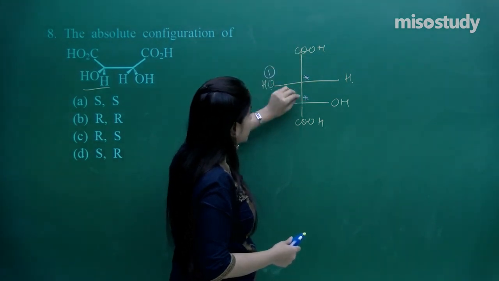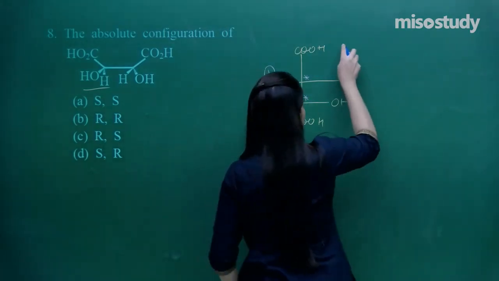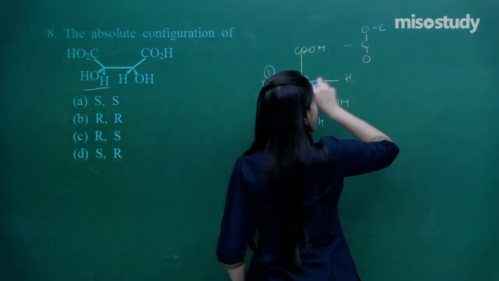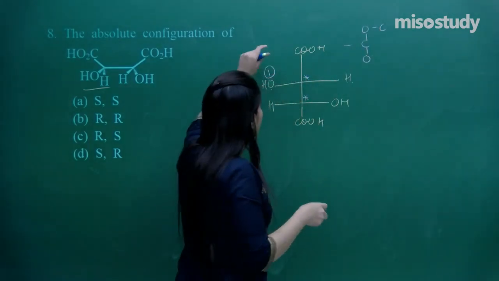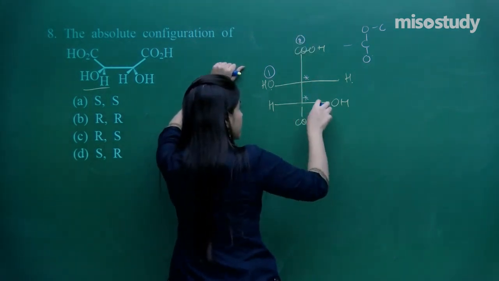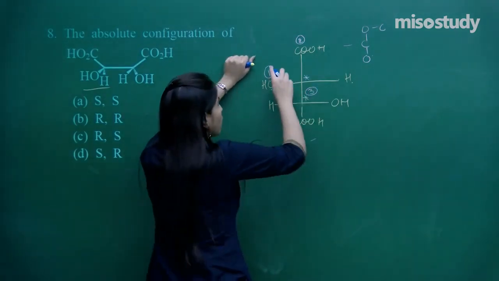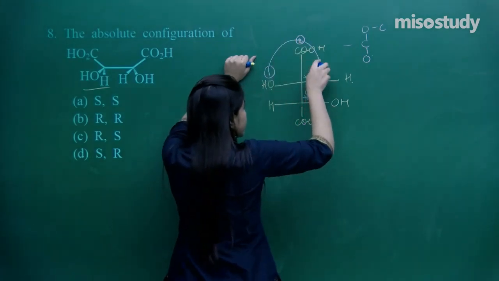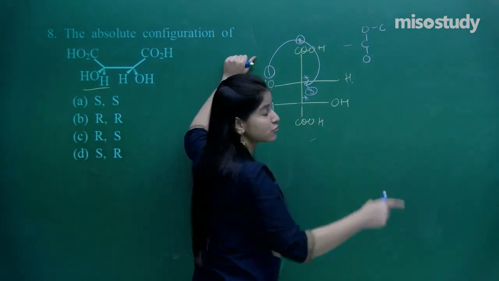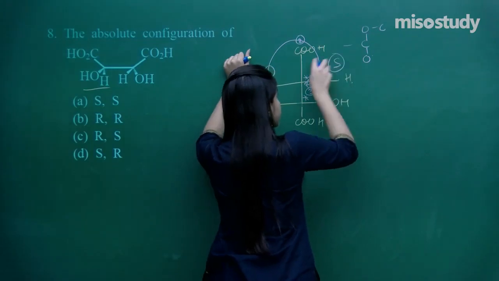I have oxygen, but it is further going on, as we represent it, we treat this as this. I hope you all remember. So it would be on a higher priority side definitely, 2, and this whole group will be 3. So 1, 2, 3. That means clockwise direction should be R, but since the hydrogen is on the horizontal, it is S. So it will be S.